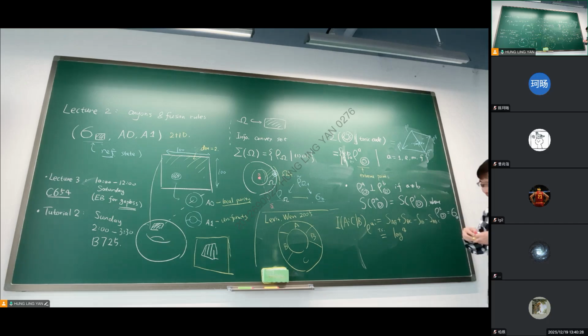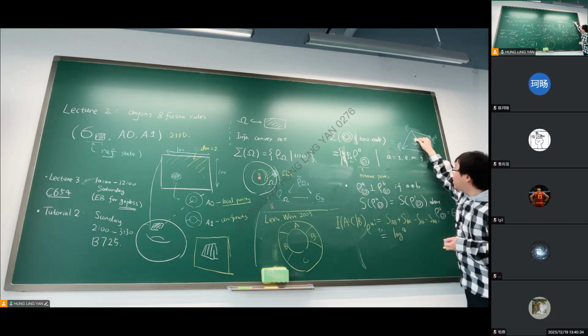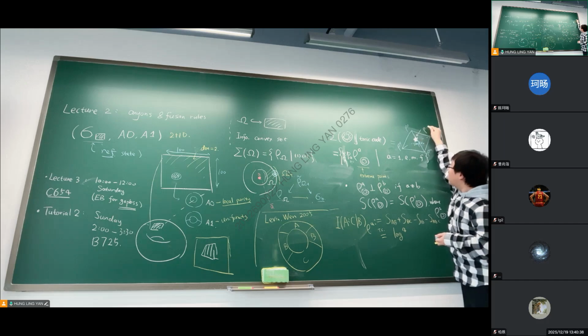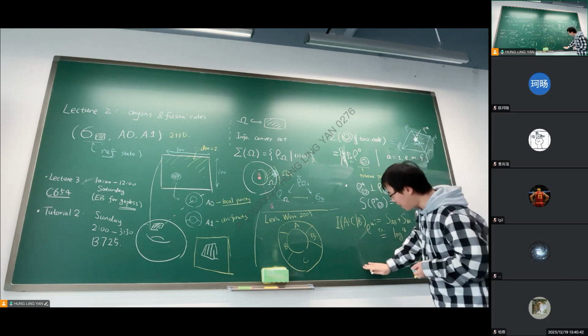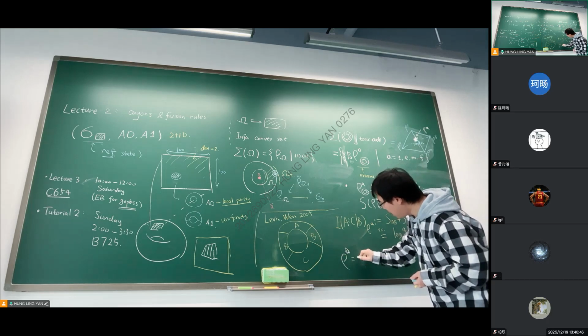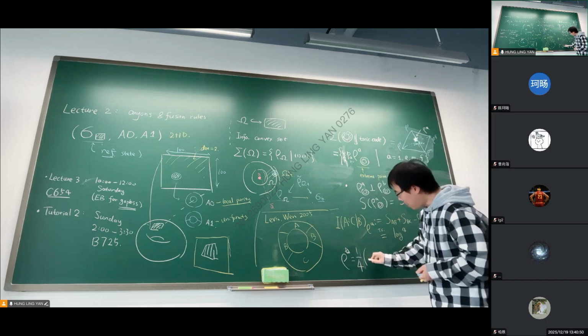So if you want something with a larger entropy, you want to pick something in the middle. Let's put a star here and consider some rho star. Which state has the maximum entropy? The maximum entropy state, rho star, will be the convex combination of all the 4 extreme points.